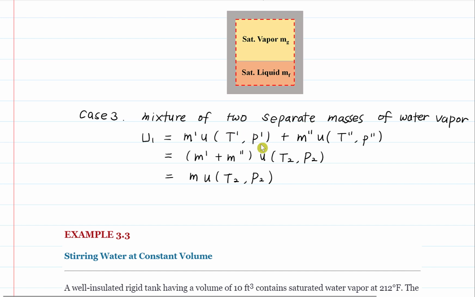After mixing the two, the total mass is simply the sum of the two masses. T2 and P2 indicate the temperature and pressure at the final state when the system reaches equilibrium. We'll take a look at examples for each case, and let's see the first example.